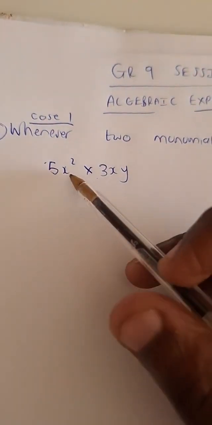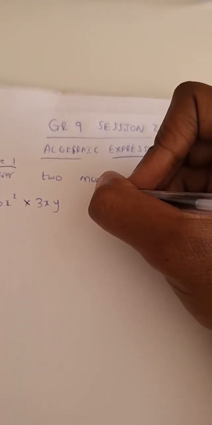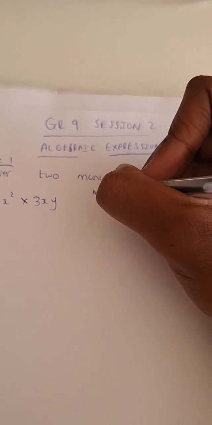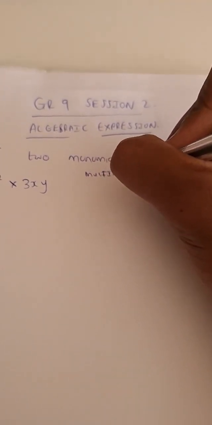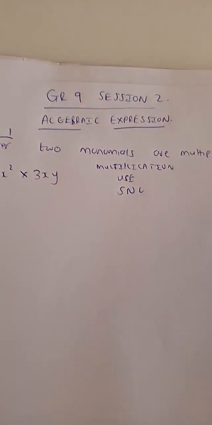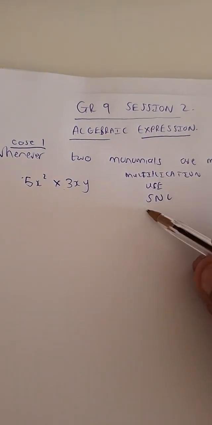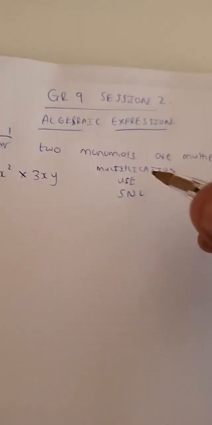So, very importantly, 5x squared times 3xy, we must know that multiplication does happen, and when we do multiply, we use SNL: sign, number, letter. So yes, I agree, these are unlike terms.